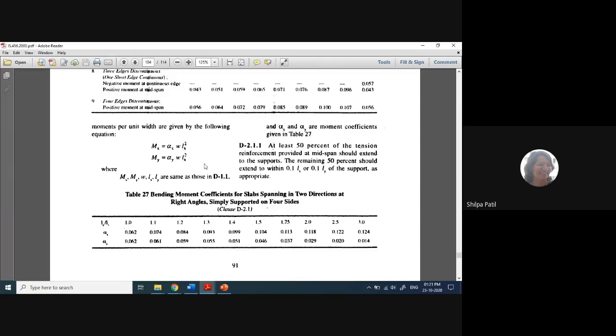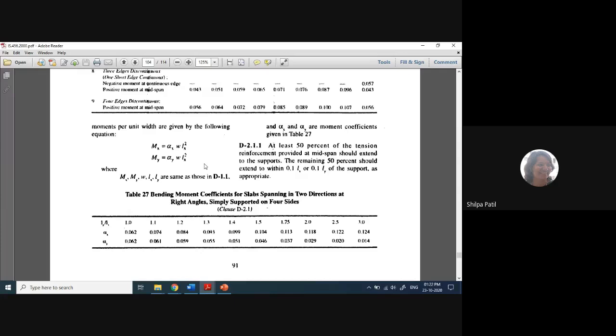Now, as the two-way slab is spanning in both the directions, the moment will be developed in both the directions. In case of one-way slab, we have calculated only one moment along the shorter span. That is Mx we have calculated. But we have not written it anywhere as Mx because it was the only moment for which we designed the slab. Now, in case of two-way slab, the moment is developed along both the directions, that is x and y, and along both the directions we have to provide the main steel.